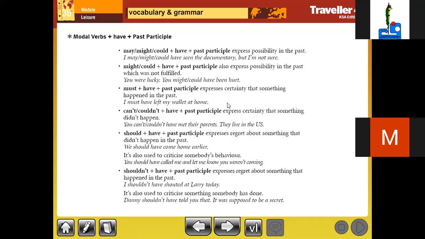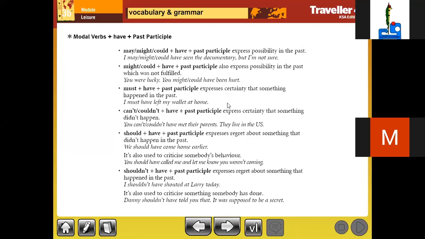Another example, when I say, I can't find my glasses, I must have left them at the office. أنا مش لاقي نظاراتي. I must have left them at the office. أنا متأكد إن أنا سبتهم فين؟ في المكتب. يبقى I'm sure about something. I'm sure that something happened. I use must plus have plus past participle of the verb.